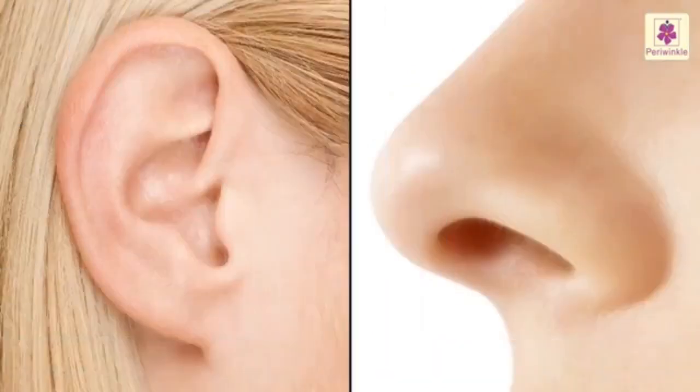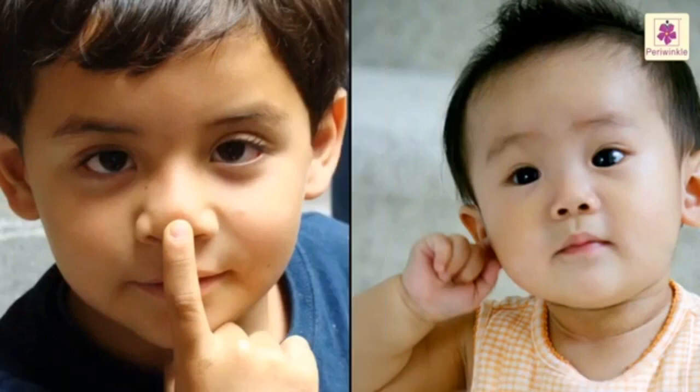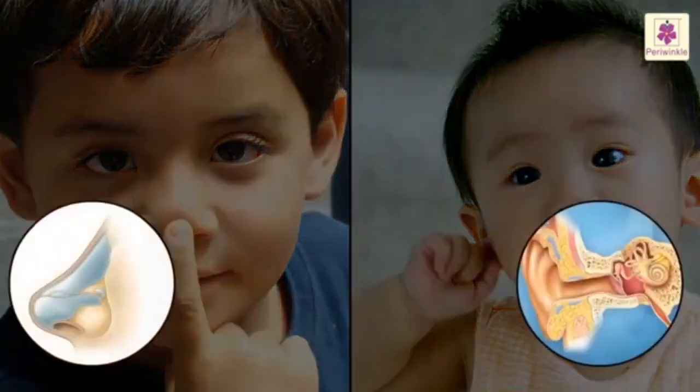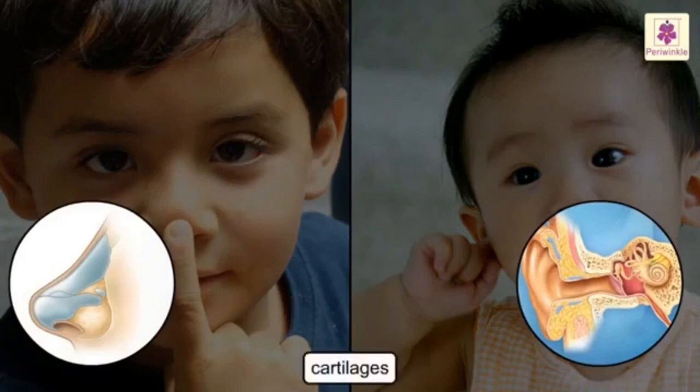There are some parts in our body which are neither hard nor soft. Touch your nose or the earlobe. These are neither bones nor muscles but are called cartilages. These parts tend to be a little flexible.